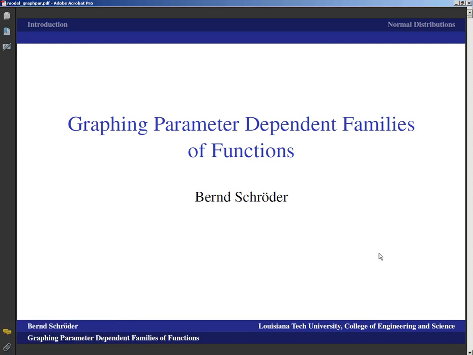The subject for this presentation is the graphing of parameter-dependent families of functions, and the main thing that we're going to look at as an example are normal distributions, which are very important for statistics.